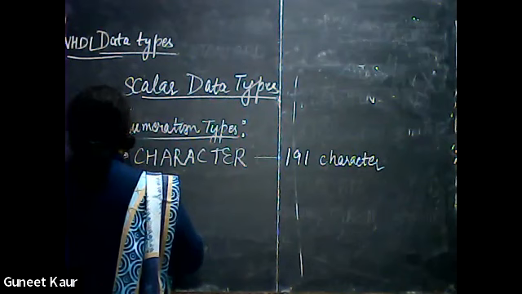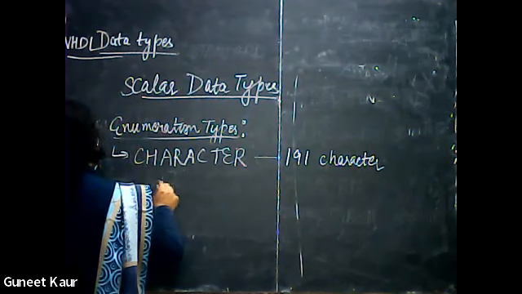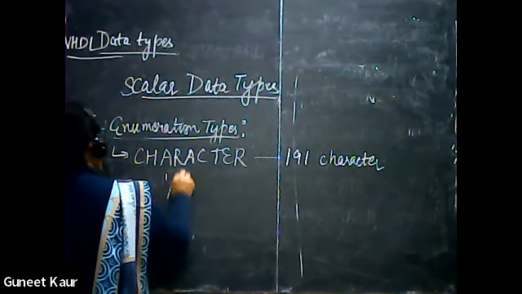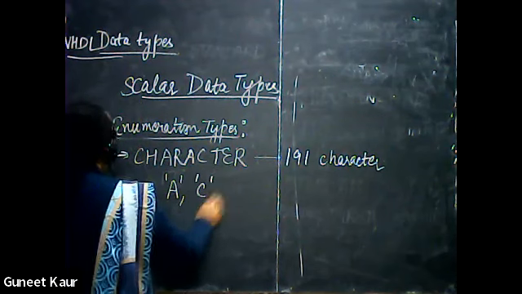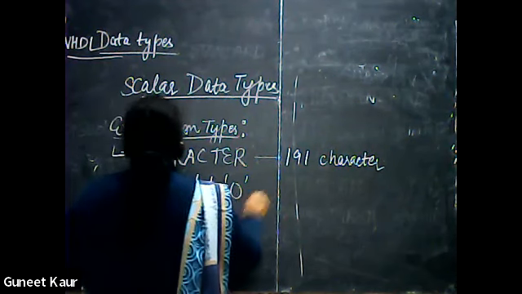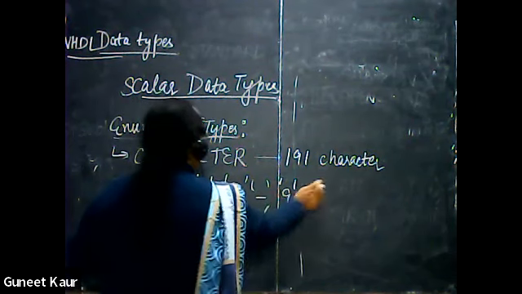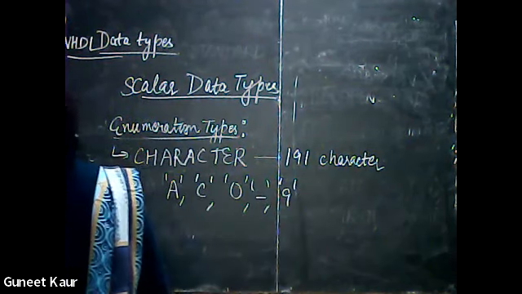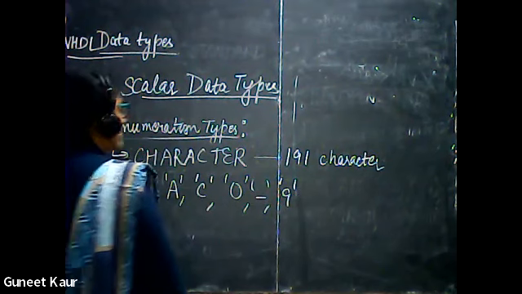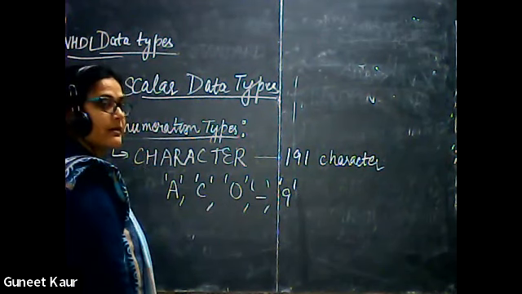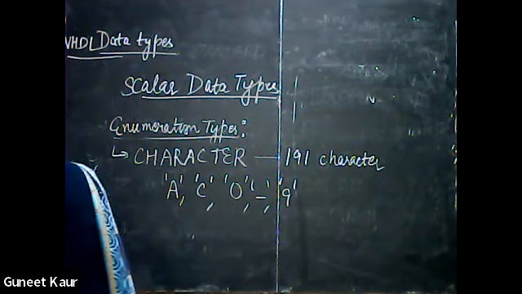All the character literals are written in single quotes, like 'A', 'C', '0', hyphen, '9'. These are all character literals of the character enumeration predefined data type.